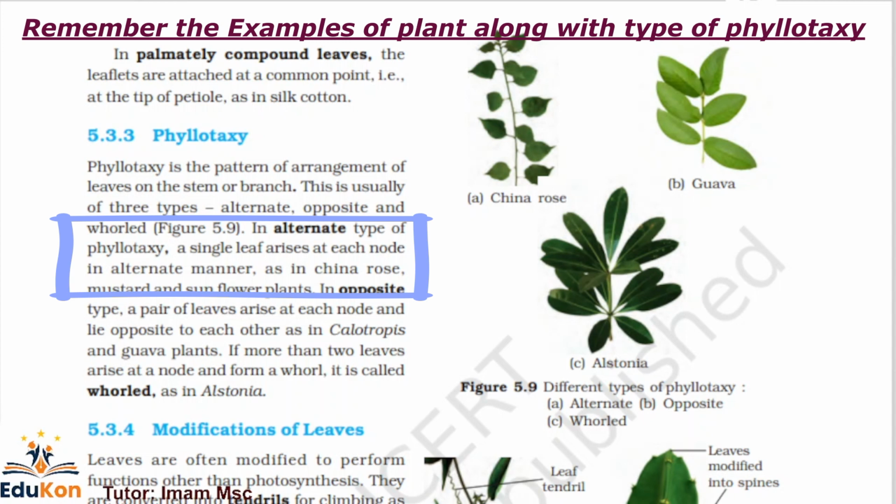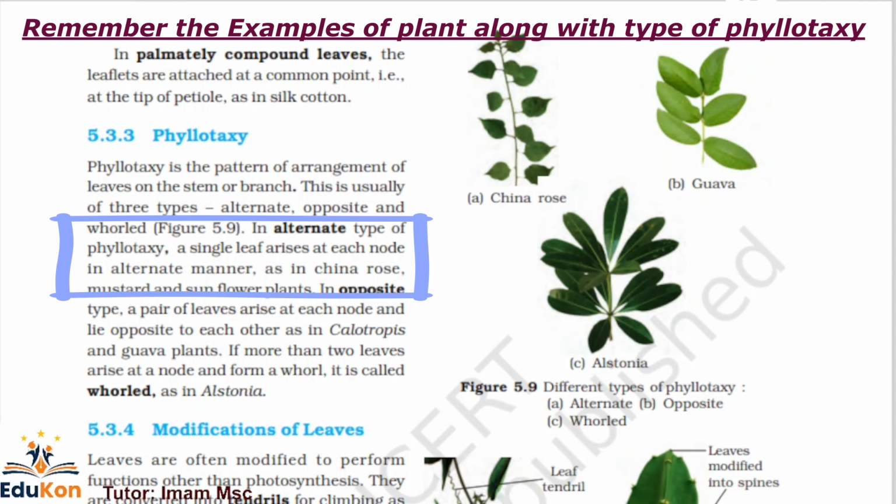Whereas in opposite type, a pair of leaves arises at each node and lie opposite to each other, as in calotropis and guava plants. You have seen the images of China rose, and we have a guava plant, those guava leaves also. If more than two leaves arise at the same node and form a whorl, it is called whorled, as in Alstonia.